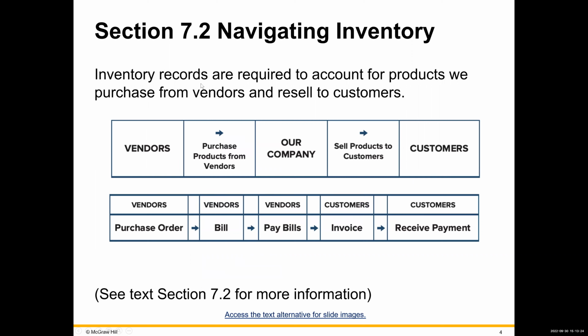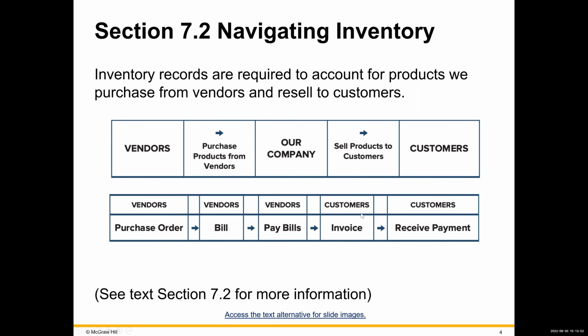Okay, inventory records are required to account for products we purchase from vendors and then resale to customers. So what we're going to do, we're going to purchase products from our vendor. Now they're at our company, and then we'll take those products and sell them to our customers.